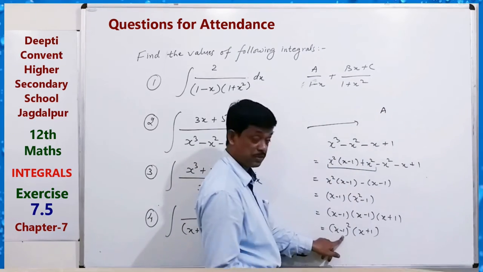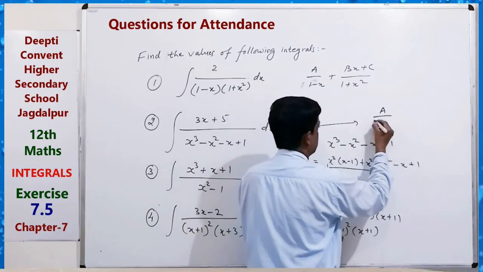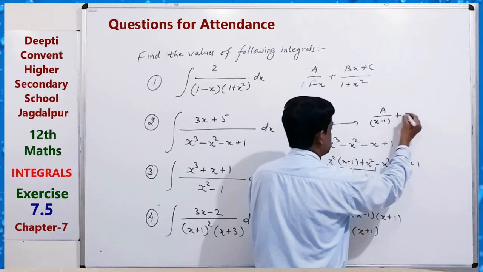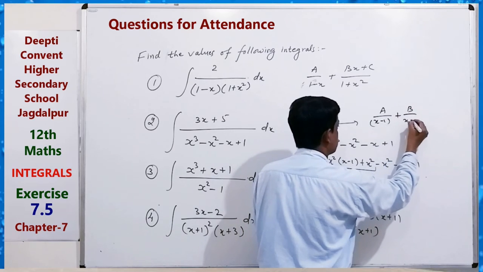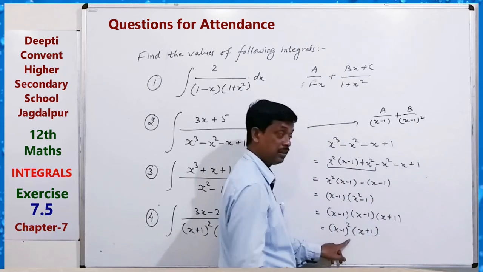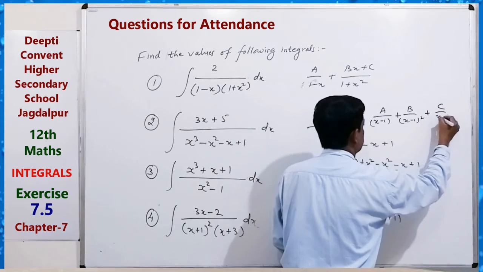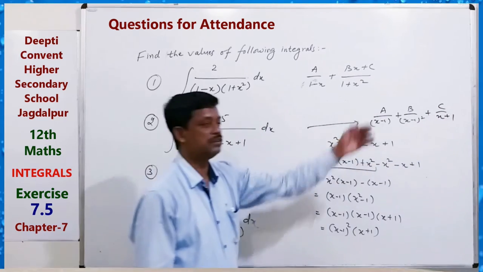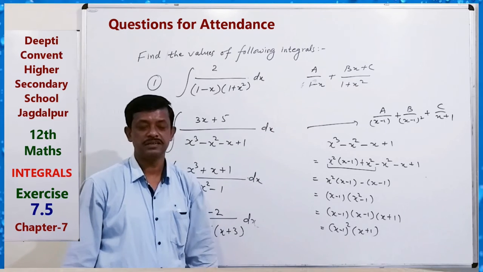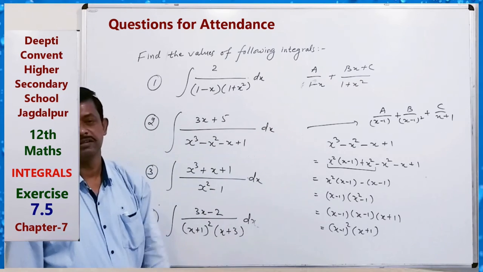A by x minus 1, plus B by x minus 1 whole square, then plus C upon x plus 1. By taking this you can factorize it and then integrate.